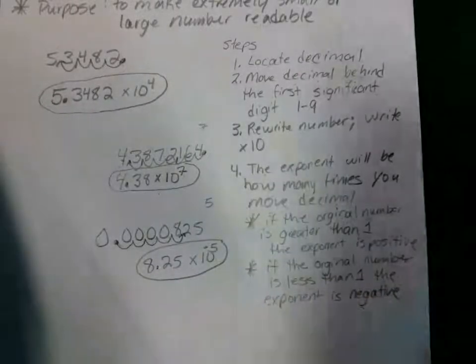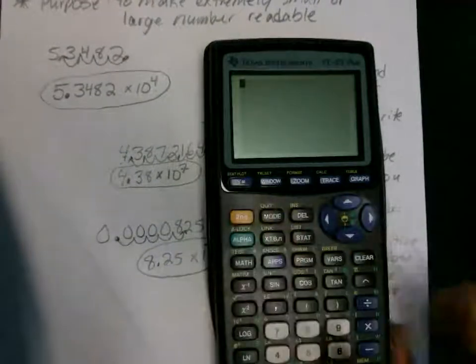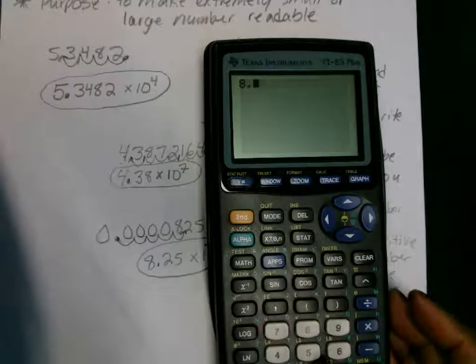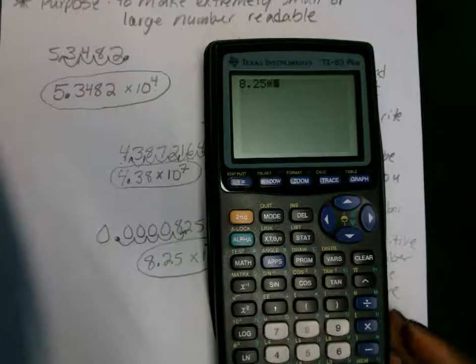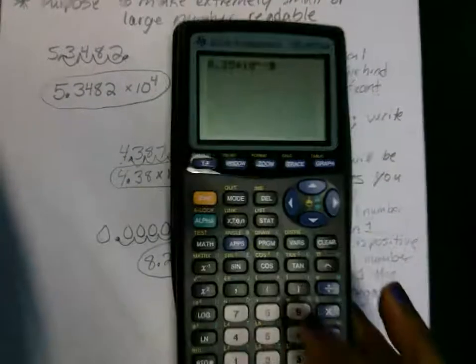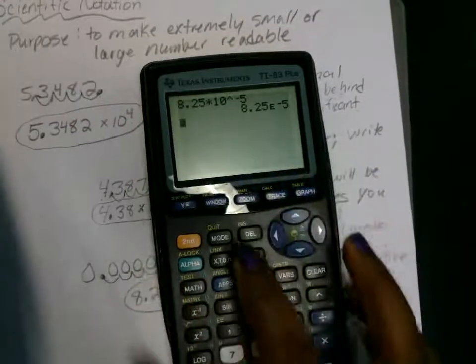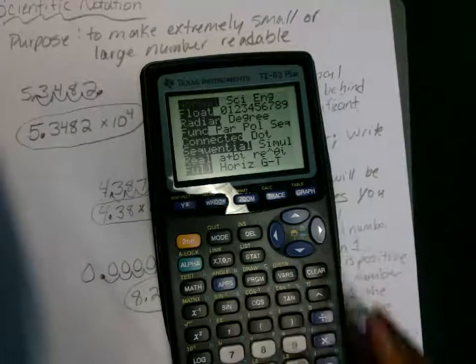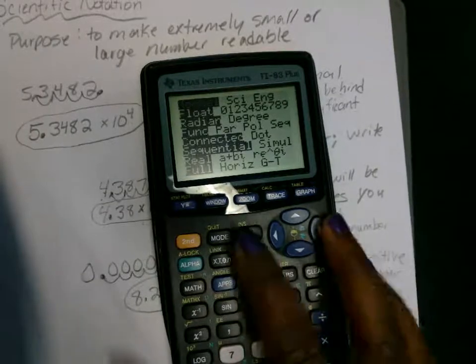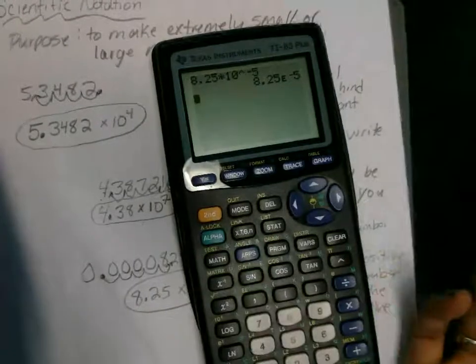Okay? So look. If I type in this number, 8.25 times 10, and I type the caret key to the negative 5, okay? Look at what I get. Oh, well, take it off. Is it on scientific? No, it's normal. Well, because that number is small, it's giving it to me in scientific notation again.